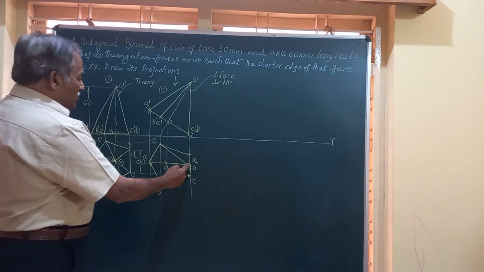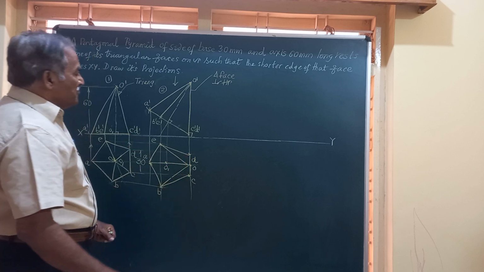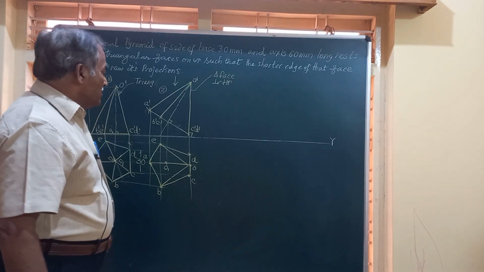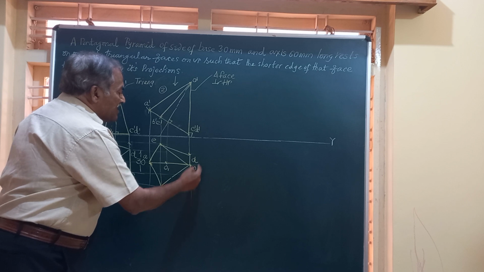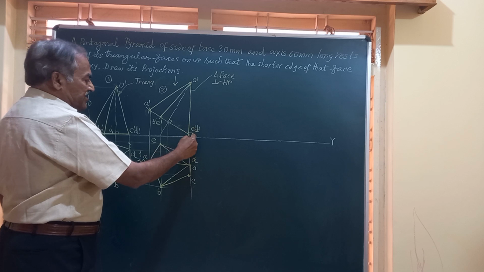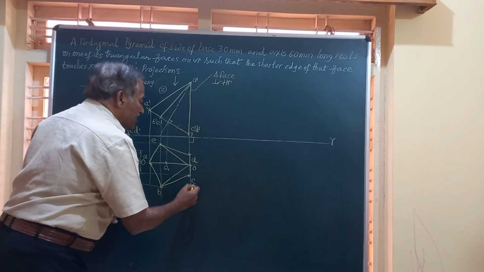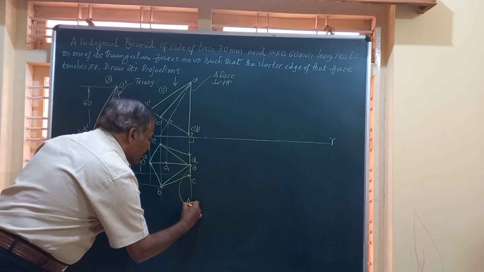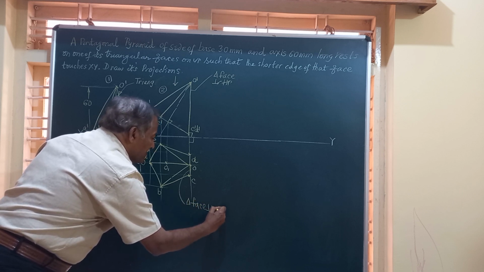Friends, I have joined O to A, O to B, O to C, O to D and O to E. And friends, if you see this top view here, this line DOC represents the triangular face O dash C dash D dash, and this triangular face is now perpendicular to VP. I will write down here DOC, our triangular face is perpendicular to VP.